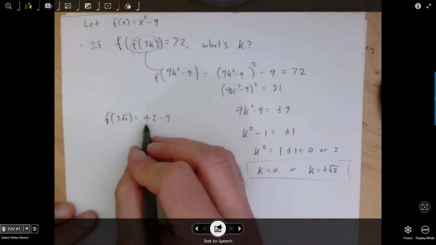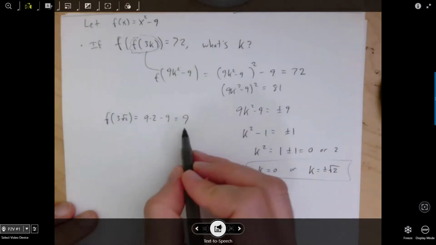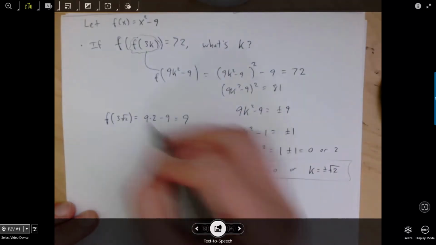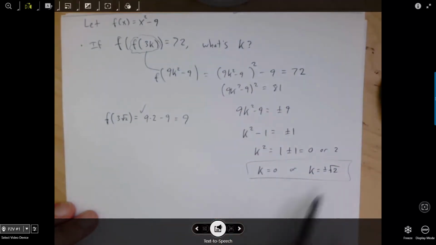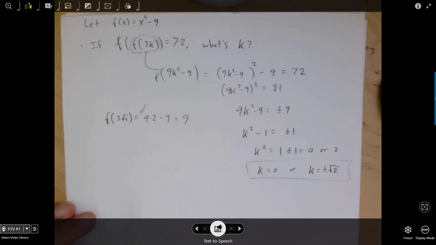So that's 18 minus 9 equals 9. And then f of 9 is, again, 81 minus 9 is 72. So that works. If you think about doing the same operation with negative root 2, the negative root 2 becomes positive when it squares, so you'll end up getting the same thing in the end. Great, so that was just a quick sense check to make sure that these answers will still work.